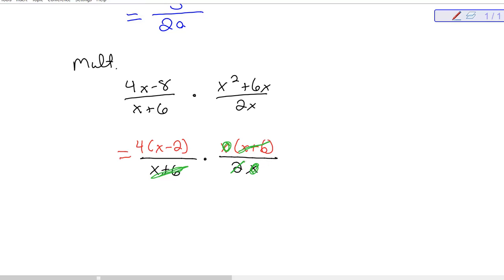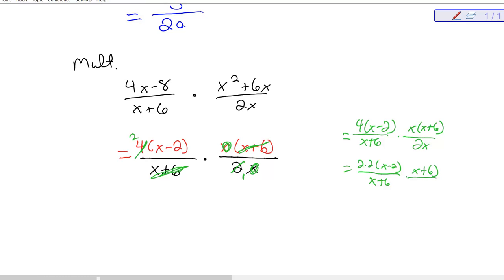2 goes into 2 one time. 2 goes into 4 two times. Let me kick it over here. If I had rewritten this 4 times x minus 2 over x plus 6 times x plus 6 over 2x, I could have rewritten that as 2 times 2 times x minus 2 over x plus 6 times x plus 6 over 2x.